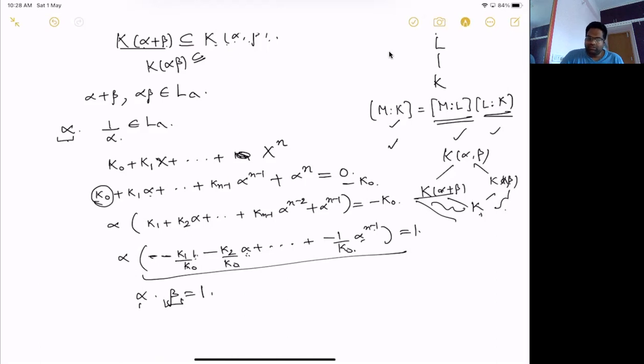Okay, so therefore it is already contained in, so alpha inverse is algebraic over k. Why do you need that?